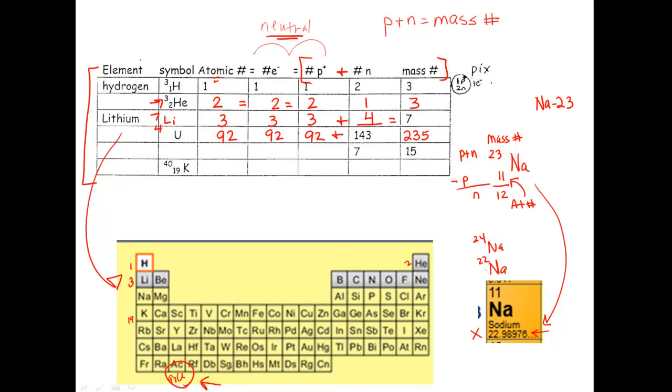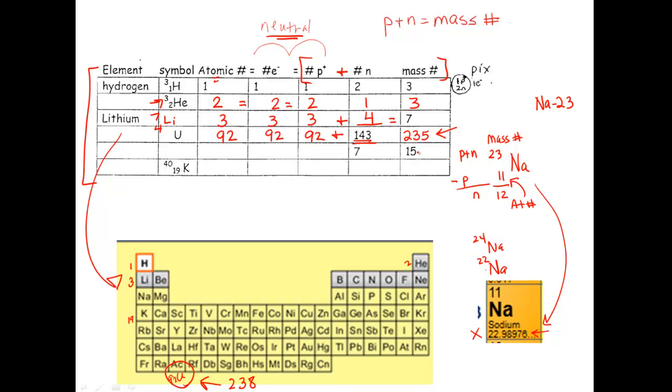And what I do want you to notice is if you look at uranium on the periodic chart, you will see that it has an atomic mass of 238, not the same number. So this is an example of where this particular isotope is not the most common isotope, and you cannot necessarily use the periodic chart to determine what the mass number is. It may be slightly different. This is actually the isotope that is used in atomic weapons.